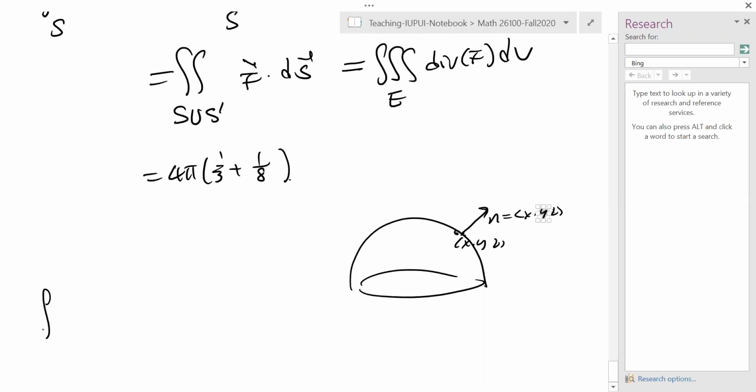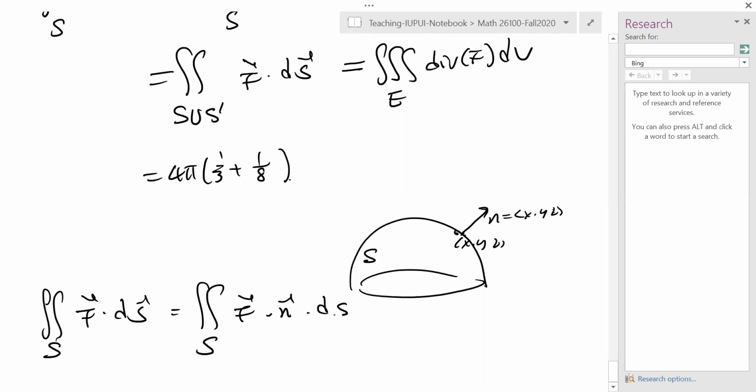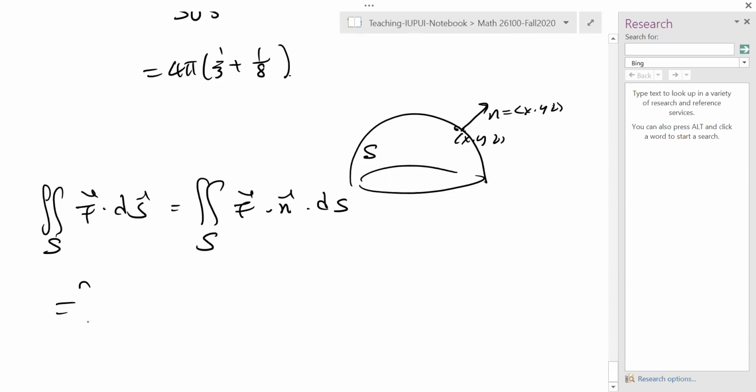So the surface integral of F dot dS is going to be the surface integral of F dot n dS, right? So n dot (x, y, z) dS.